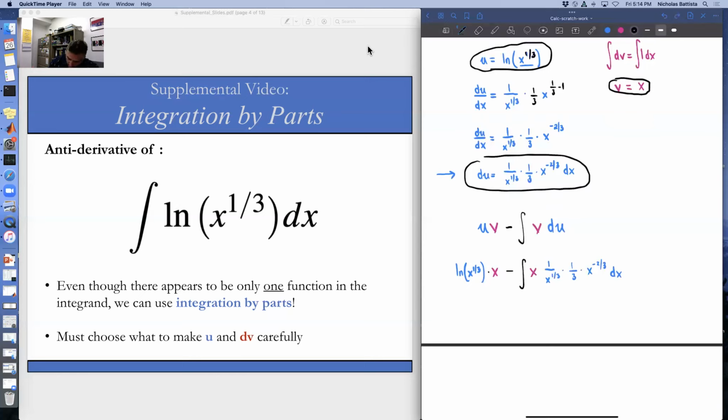So this first product of functions, I'm just going to rewrite with that x in front as x times the ln of x to the 1/3. Next, we can subtract the integral. And I'm going to take this 1/3 coefficient and just move it in front of everything else. We have an x to the first power coming from that x that's just sitting there.